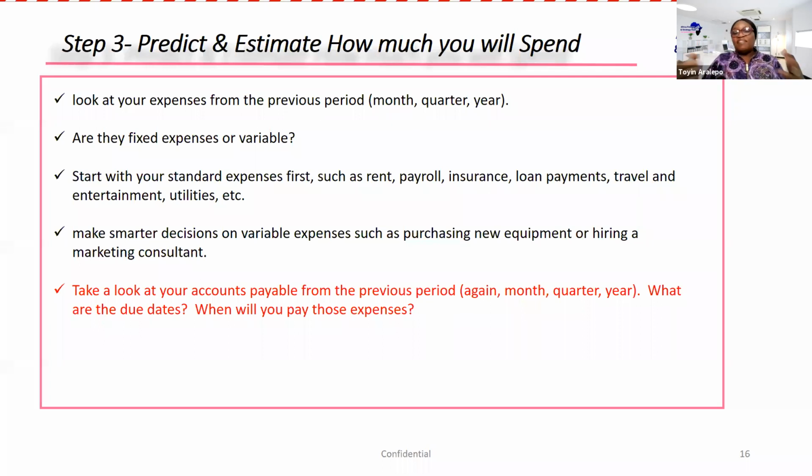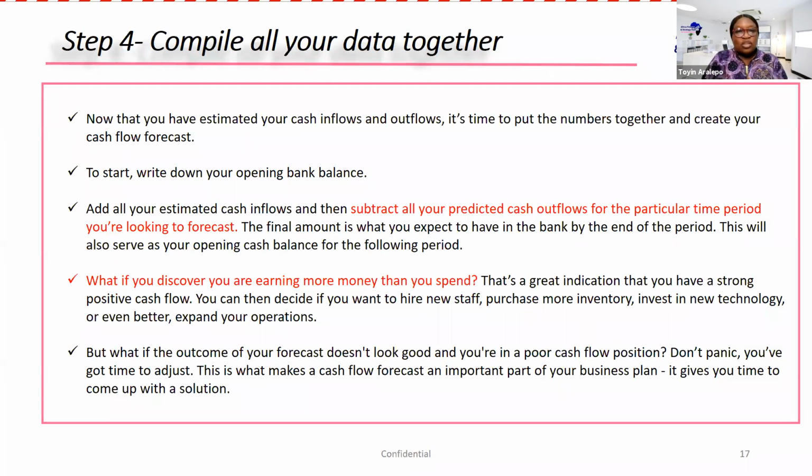And if it is variable, for instance, if it increases based on the volume you are selling, if you're selling 100 loaves of bread, the amounts you need to buy the ingredients will be different from if you're producing 500 loaves of bread. So it is extremely important that you look at all these things side by side so that you'll be able to ascertain when you need all this fund.